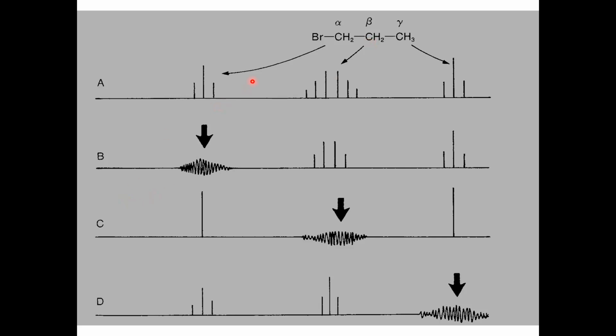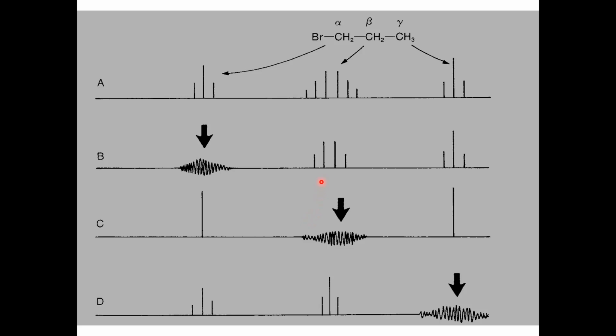If we irradiate the alpha methylene protons, the beta methylene signal will collapse into a quartet because it is adjacent to the 3 protons of this methyl group. Also, this one is not affected.